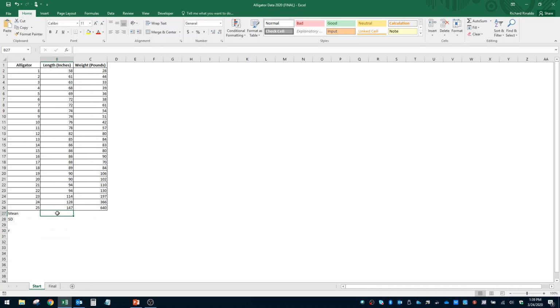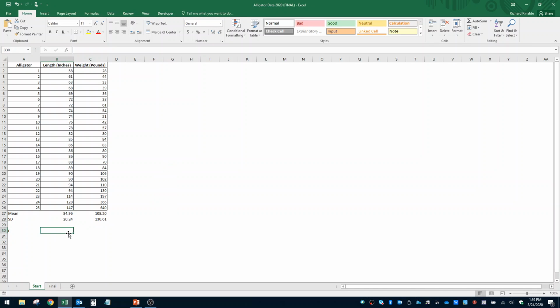So equal to the average. Equal to the STDEV.S, the sample standard deviation. And I do that for both, and then carry it to 2 decimal places.